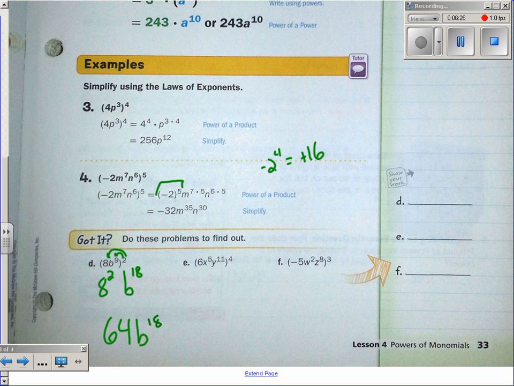Here we do the same thing. To the 6th, then we take it to the 5, we take it to the 11. And then 36 times 36, or 6 to the fourth exponent, gets us 1,296. And these just come down.